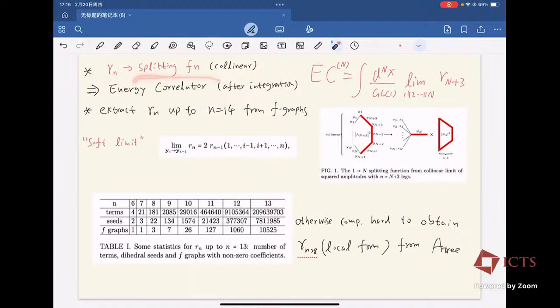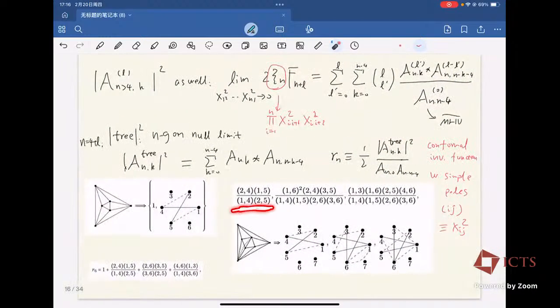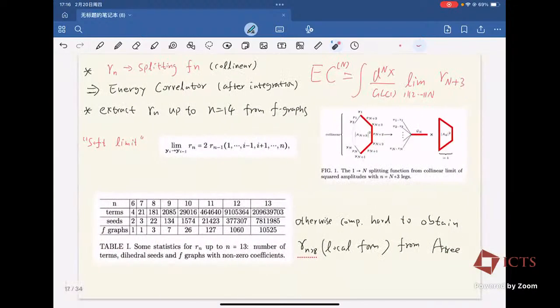Okay. So of course, there are some other physical applications of this chi amplitude squared, called the splitting function. They serve as the integrand of energy correlators. So if you parameterize your xij squared in terms of some collinear particles with energy detectors, with some energy fraction and some angles, then this ratio, this chi level amplitude squared divided by MHV squared, is exactly the integrand in this collinear limit, the integrand for the endpoint energy correlator.